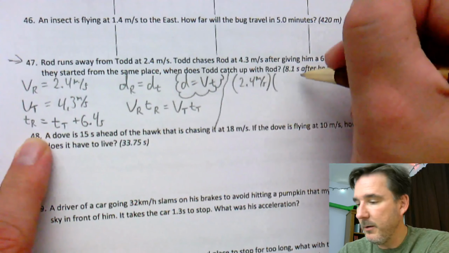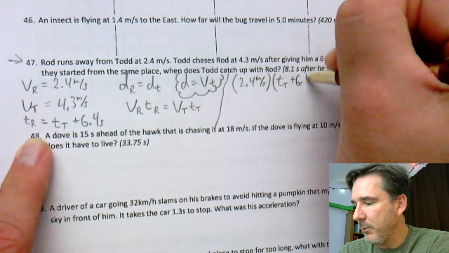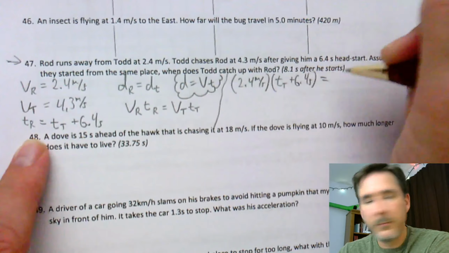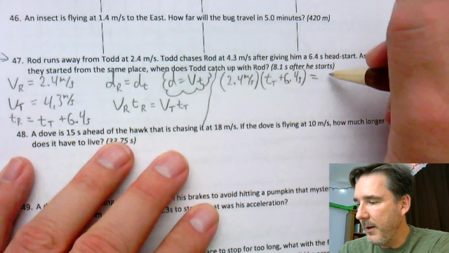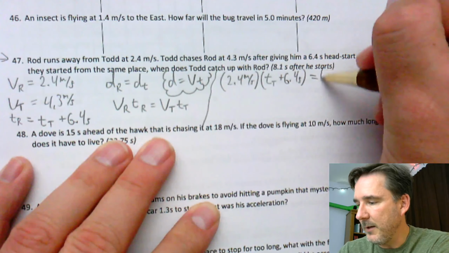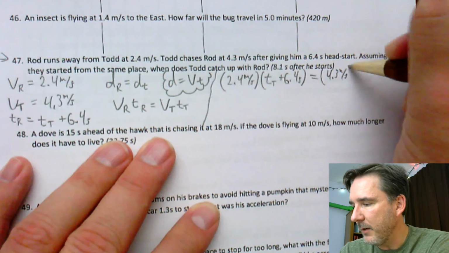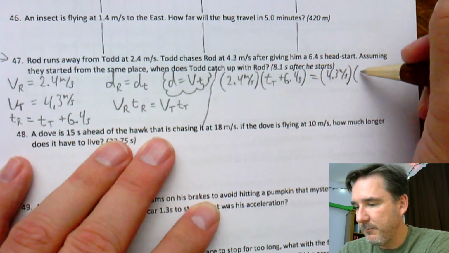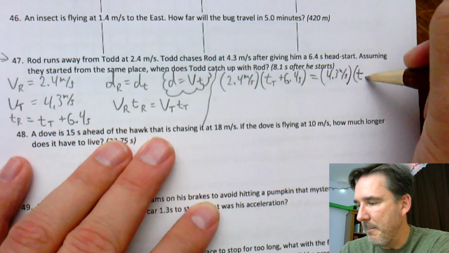Make sure I'm on the screen here. So Rod's time is this 6.4 seconds. I'm just plugging in what I got from over on the left, and that's equal to Todd's velocity, which is 4.3 meters per second, times, well, we don't know his, so Todd's time.